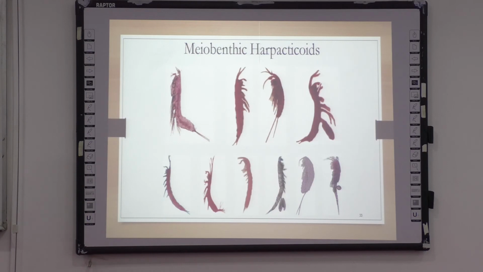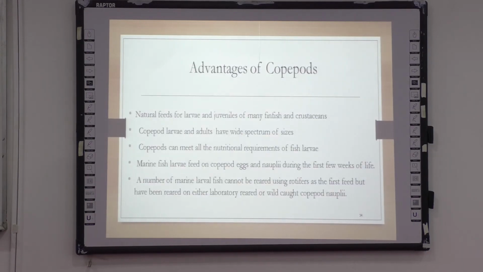If we provide such food, then the development, growth and survival of the fish larvae will be much better. You can produce quality seeds with that. So again, considering the advantage of copepods, we need to have more and more studies.